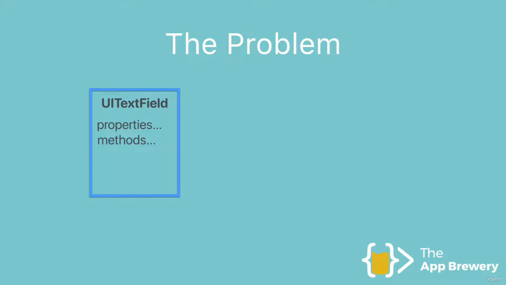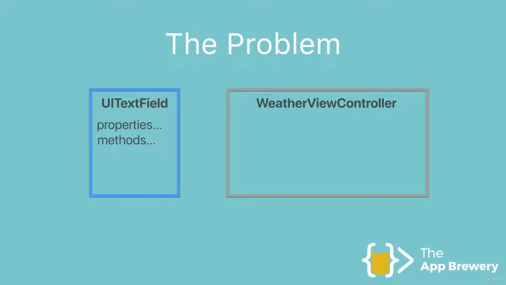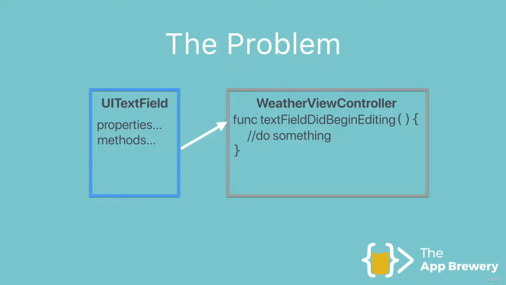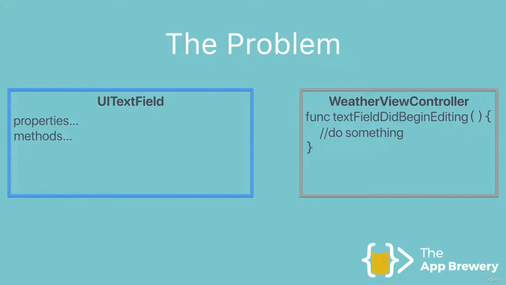use. But then we come along and we decide to build a weather view controller. Now, in our weather view controller, we need to be able to detect, for example, when the text field starts being edited by the user. So we somehow need the text field to notify our weather view controller when it detects that editing has begun. So how would this actually work?